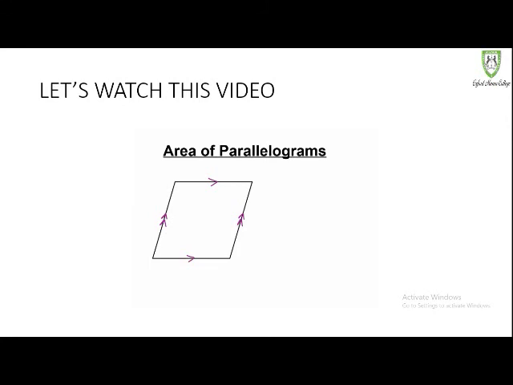We're now looking at area of parallelograms. A parallelogram is a quadrilateral with two pairs of parallel sides. There's one pair, and the other pair are there. So I've got two pairs of parallel sides. So when we come to work out the area, we would be tempted to multiply the base length of 5 by the length of the other side.